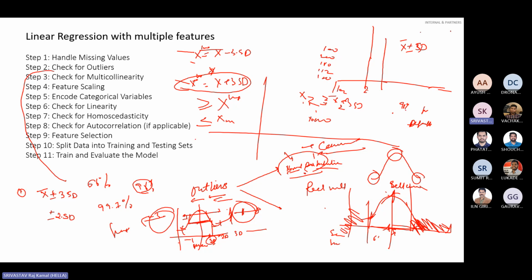So they want to be very strict that even if the customer lies in the last 5%, he is a defaulter for the bank. So in this case, instead of 3 standard deviations, I will be strict. Anything more than twice the standard deviation on the right, or minus twice the standard deviation on the left, is a defaulter for me, meaning an outlier. This way you check for outliers.